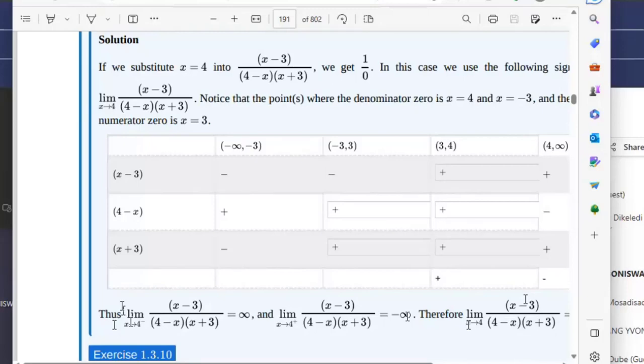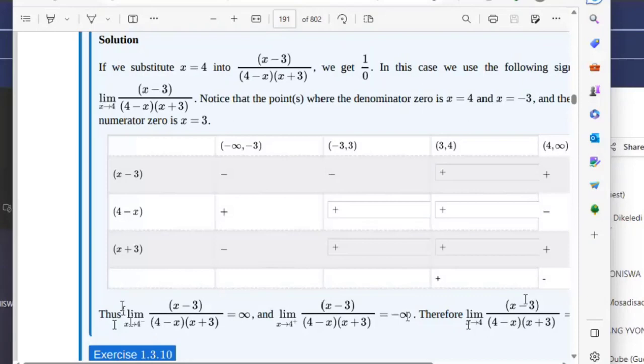Yes, it's positive infinity, but when we substitute all those numbers that are less than 4, we get a certain number. Why do we conclude that it's infinity instead of the number?